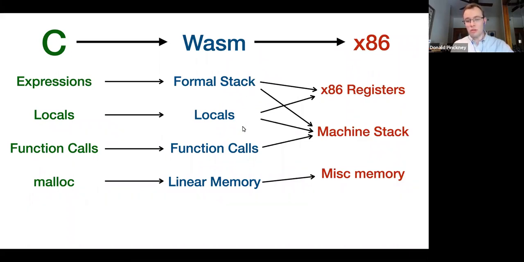Same thing for locals. Some of the locals will be allocated into registers, and of course, some things will also have to be spilled into the machine stack. And function calls are translated to building up a call stack in the machine. And linear memory is just this separate region of memory.